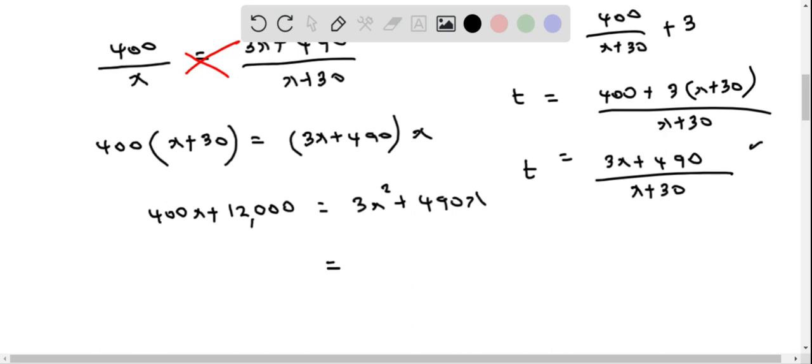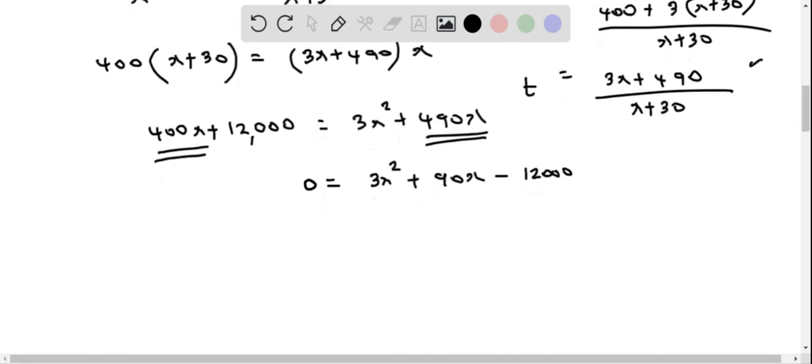So I have 3x squared here and then 490x. We subtract 400x from both sides, so I'll be getting 490 minus 400 is 90x. And then I have this plus 12,000. When I bring it to the right side, it will be negative 12,000. So this is equal to 0, which means we now got a quadratic equation.